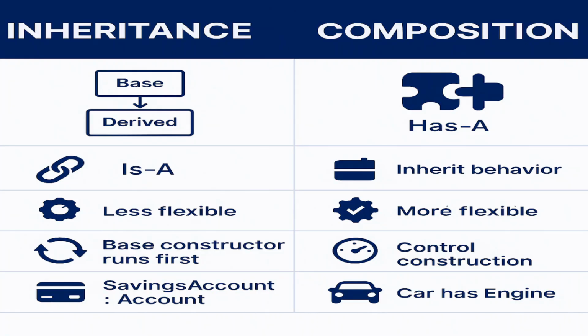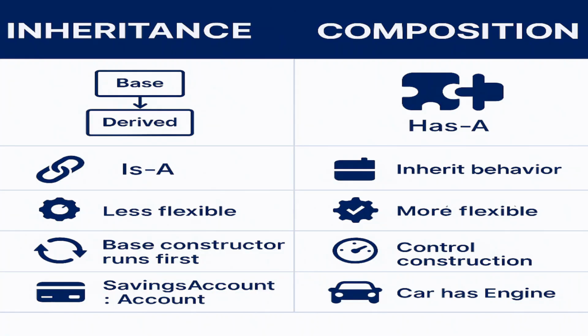So the golden rule is the is-a relationship. That is the golden rule. What does is-a relation mean? If you have a situation within object-oriented programming where objects share common behavior, just like a dog is an animal, or a car is a vehicle, and the account scenario which I said, or a manager is an employee, or a square is a shape.